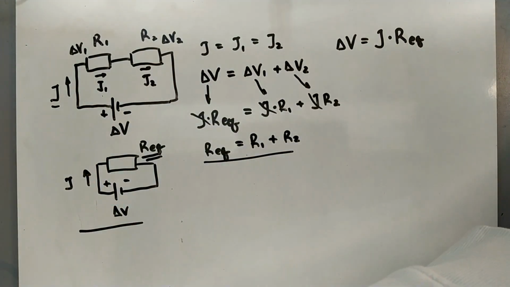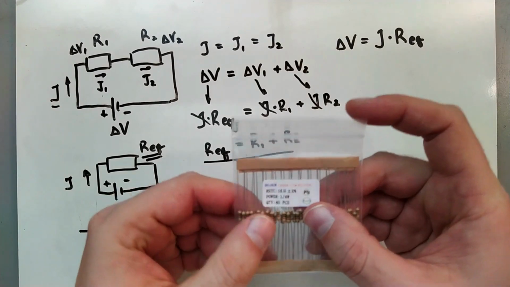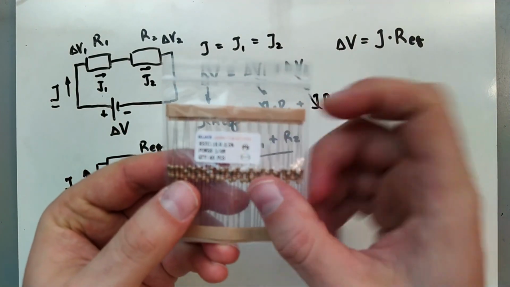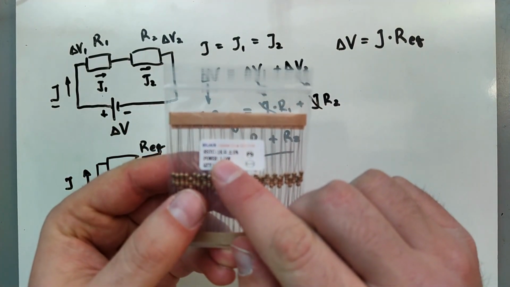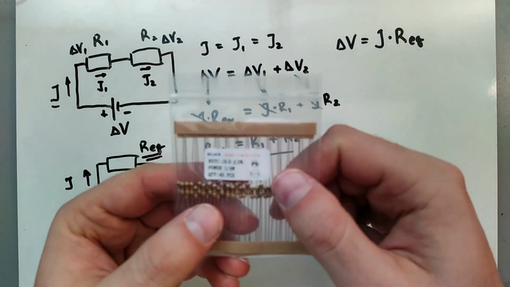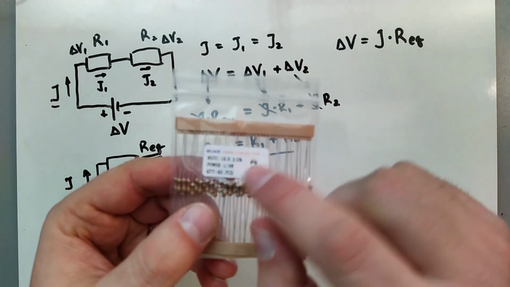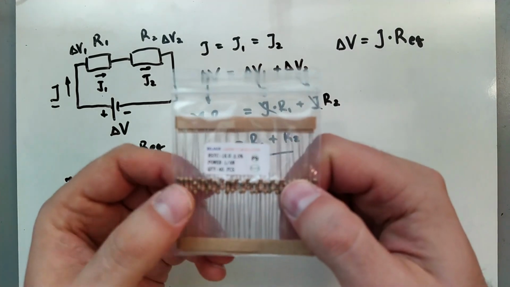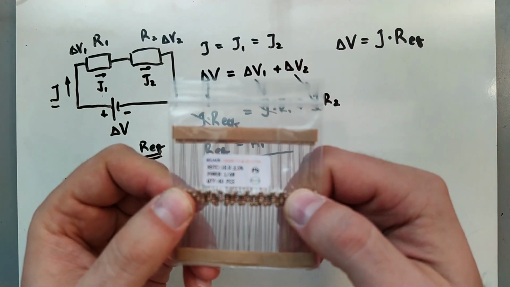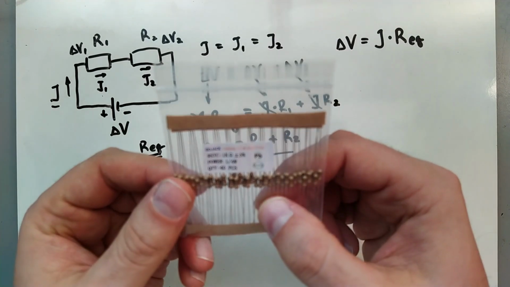And here we have, probably you see this, 1 kilo ohm resistors, plus minus 5% accuracy, 1/4 of watt power which can be dissipated on these resistors.